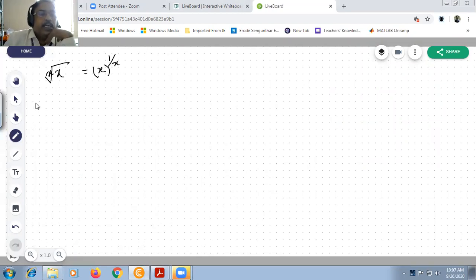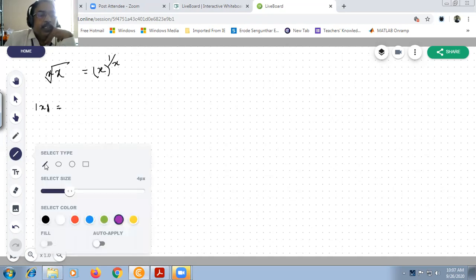First, let us draw the curve for mod x. If you have the knowledge of drawing a curve, then it is very easy for you to solve questions like this.